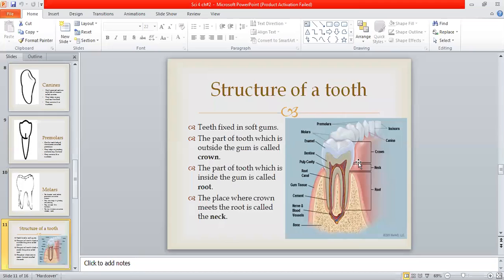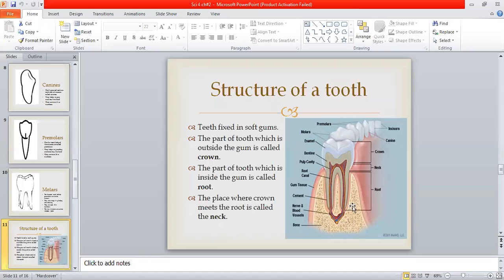The part of the tooth which is inside the gum, this part which is not visible, is known as the root.